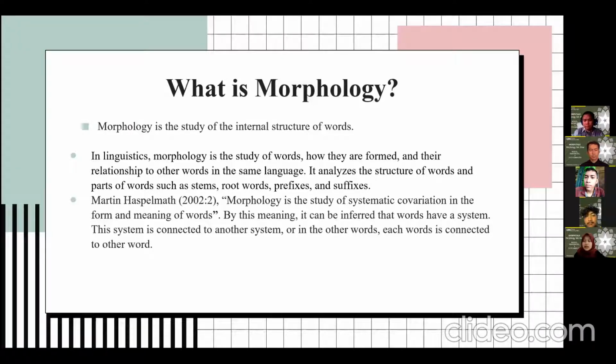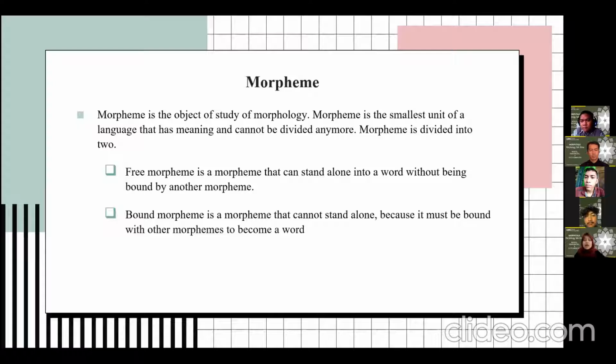And then, after we know what morphology is, I'm going to introduce you to the object of this study. The object of morphology is the morpheme. As we learned in the previous week, Mr. Djati said that a morpheme is the smallest unit of language that has meaning and cannot be divided anymore. And morphemes have two types.